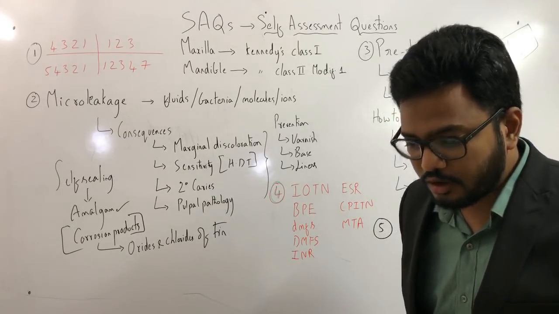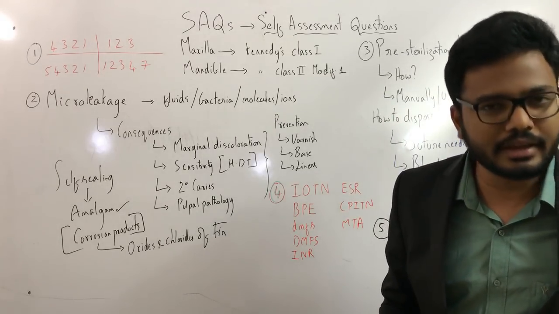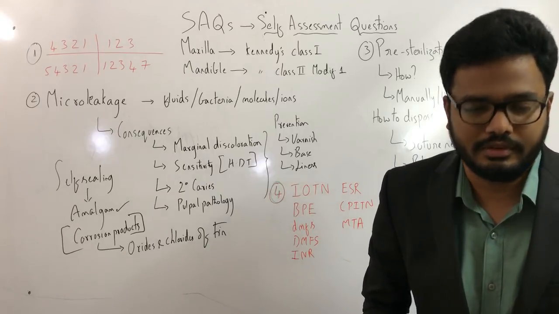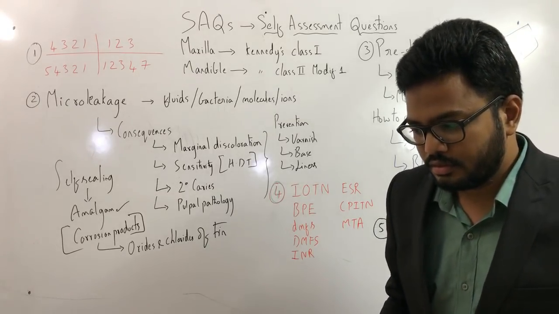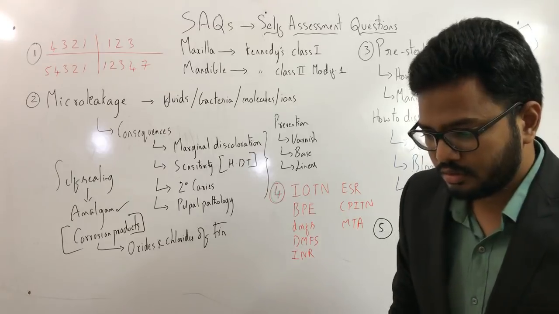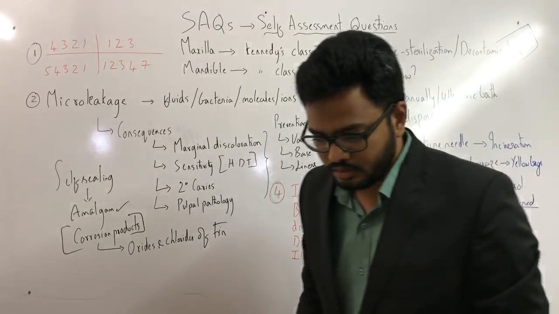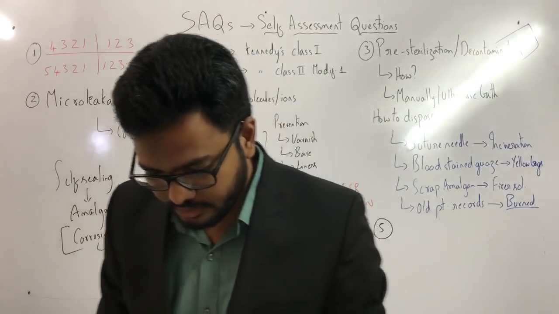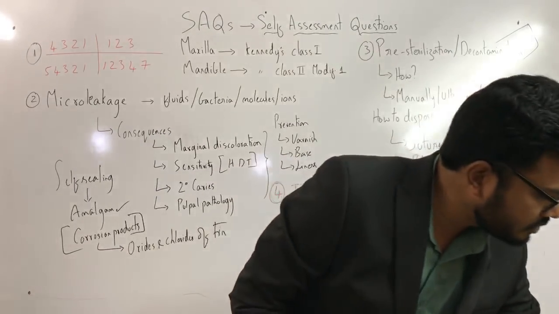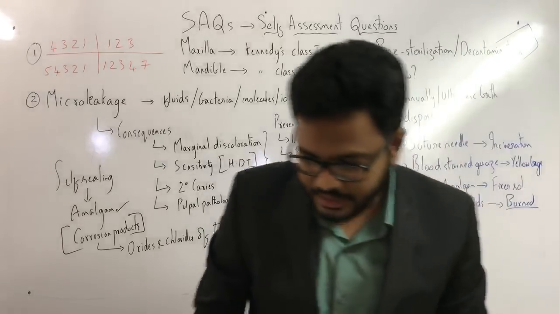Which tissues are commonly affected in case of lichen planus? So that's the first question. Lichen planus is a chronic inflammatory disease. Which tissues are commonly affected?